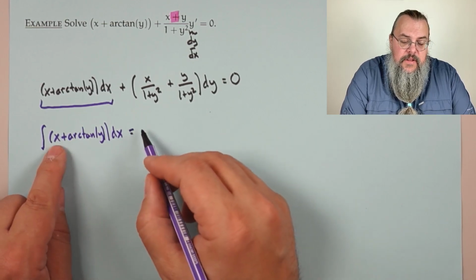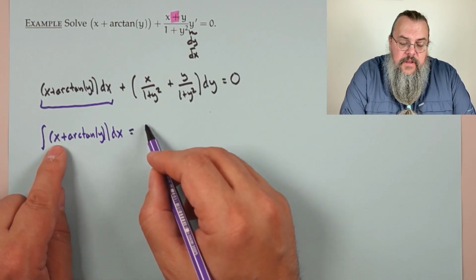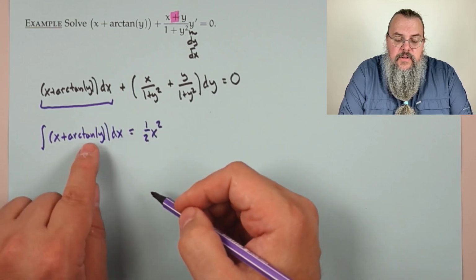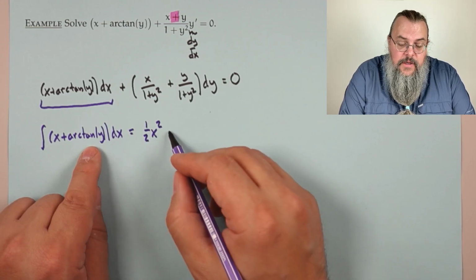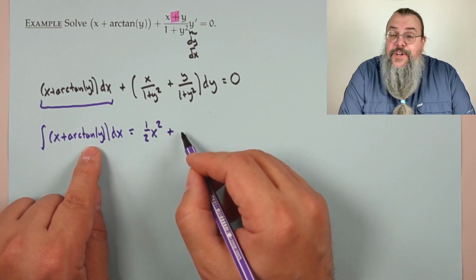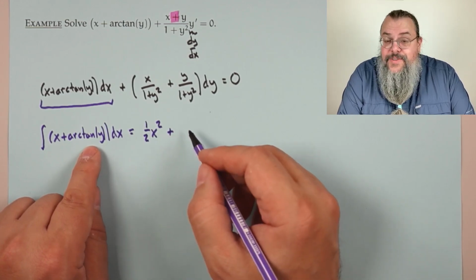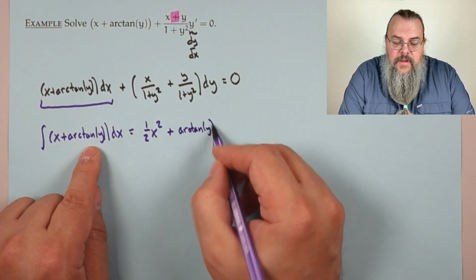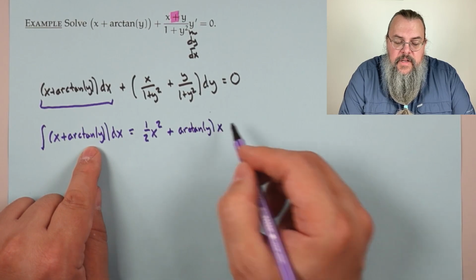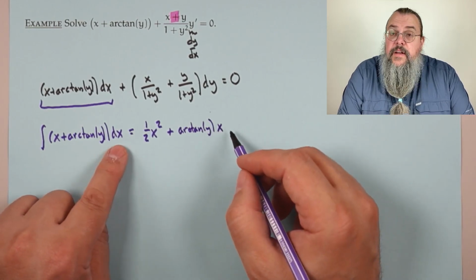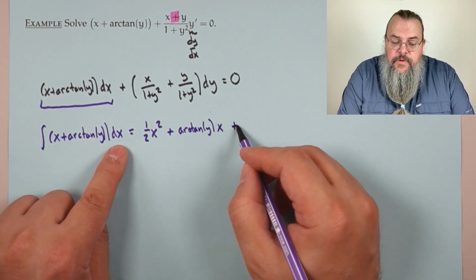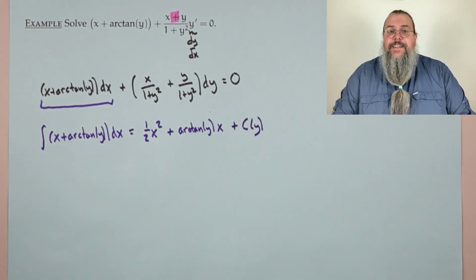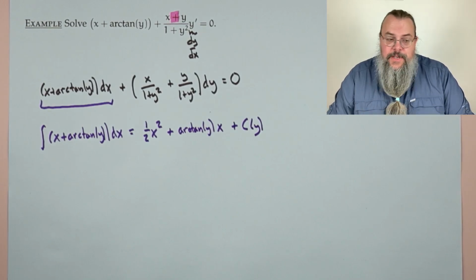Well, the integral of x is 1/2 x squared, and the integral of arctangent of y will be just arctangent of y, because it's a constant, times x. And then we're going to have a constant with respect to x, so a constant function of y. All right, so that's our first integral.